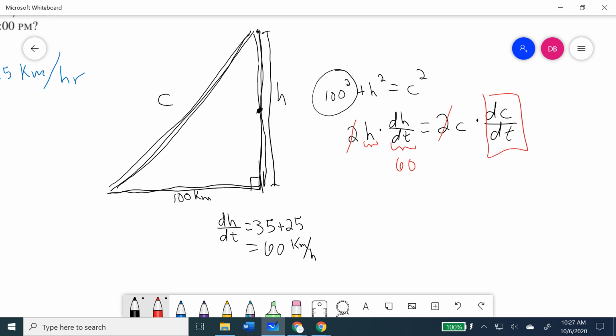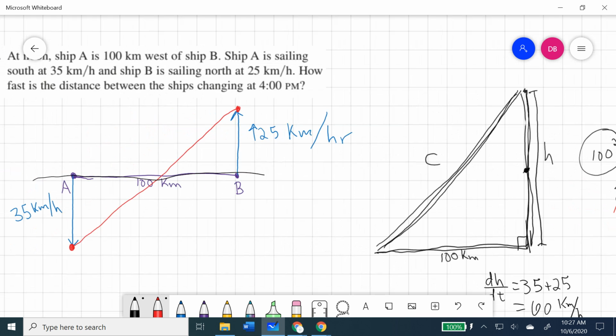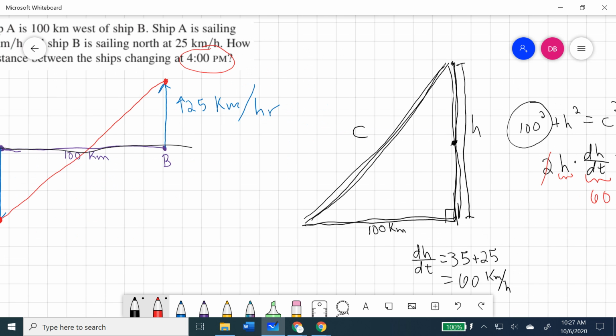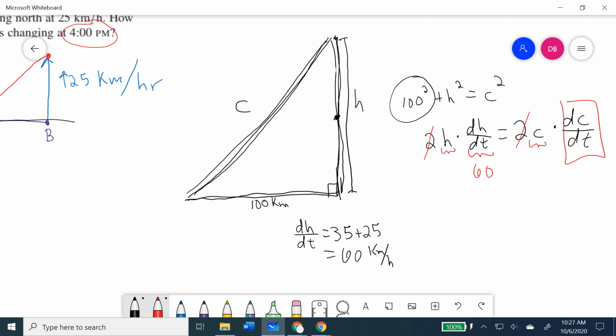I've got to figure out, how does the when information tell me the length of h and c? So they vertically had 0 distance between them at noon. We want to know the vertical distance 4 hours later. I know that h is changing at 60 kilometers per hour. So if 4 hours pass, then 60 times 4 gives me 240.